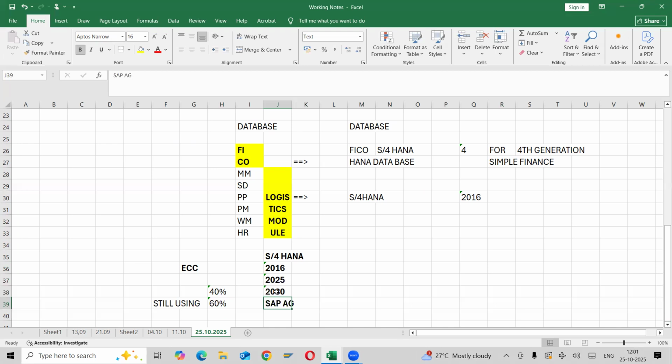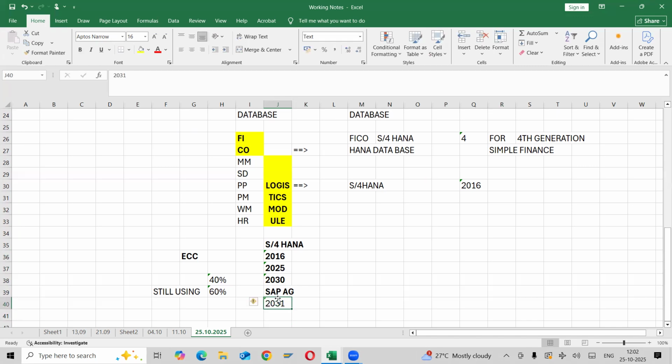And apart from that, if customers are still not able to move, then till 2032, with terms and conditions, SAP AG will help to migrate, right?